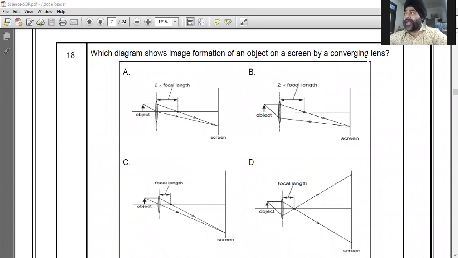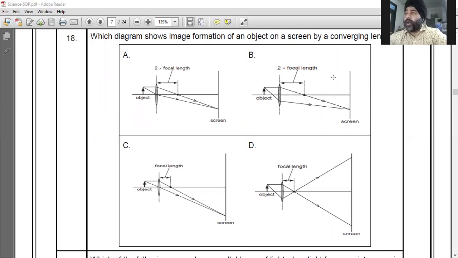So it's a convex lens. You have to recall all the laws which we have done, that in which figure the rules are followed correctly. In the first one, you can see that this ray is parallel to principal axis, which is diverging like this. And when a ray passes from optical center, it does not change its path, but here it is changing its path.